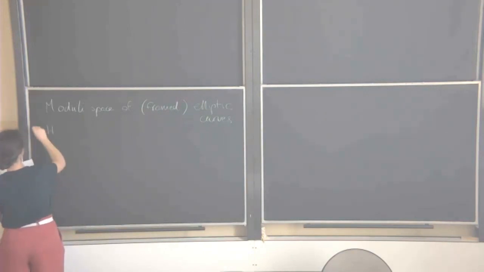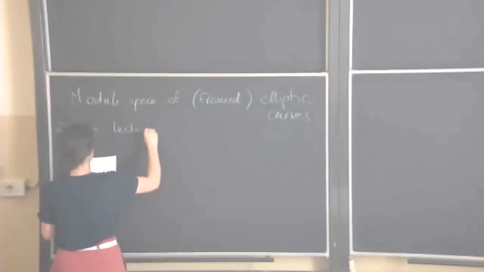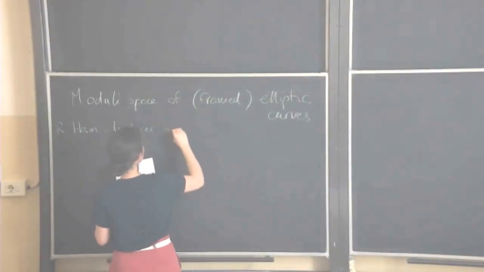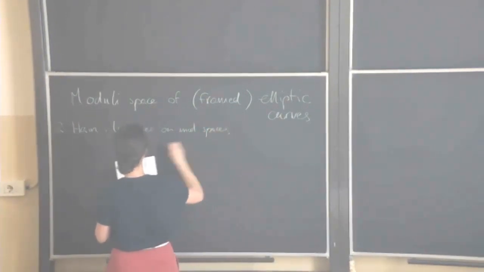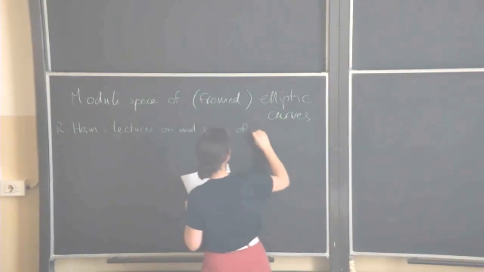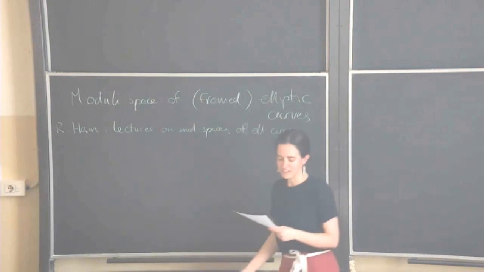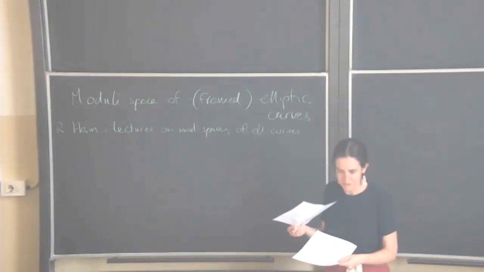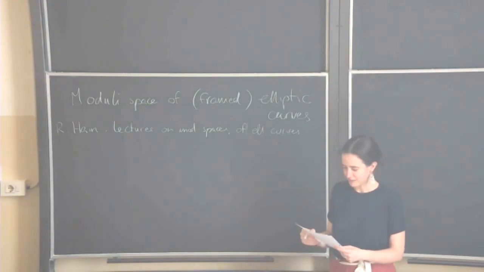The author is Ain, and it's called Lectures on Moduli Spaces of Elliptic Curves. Basically, this is the first 15 pages or so of his lectures, and they are very clear.